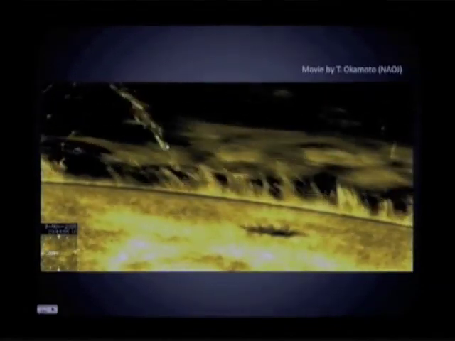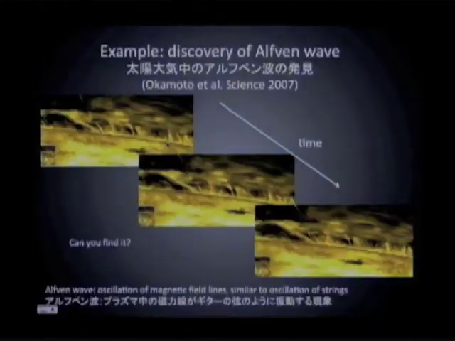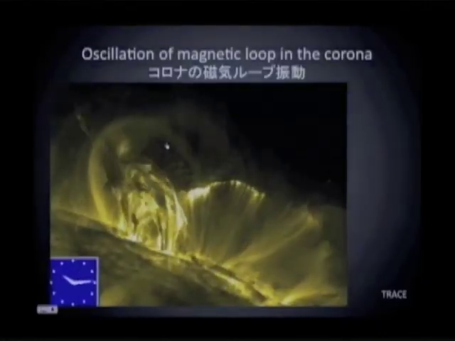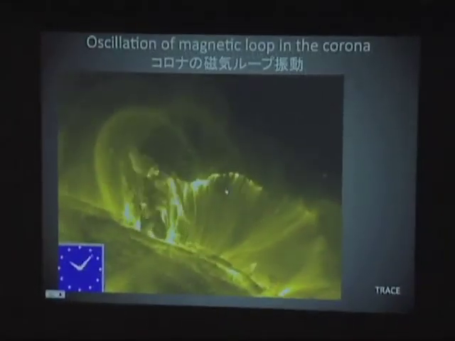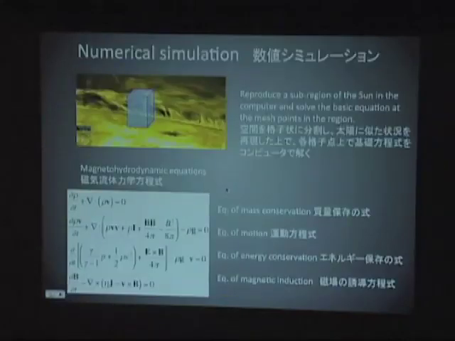If you look at these images, you can find this phenomenon right away. But if you just stick to static images, it would be very difficult to identify such a phenomenon. Oscillation can also be found in rubber band-like loops, which are oscillating and undulating. That was identified and discovered through image observation.